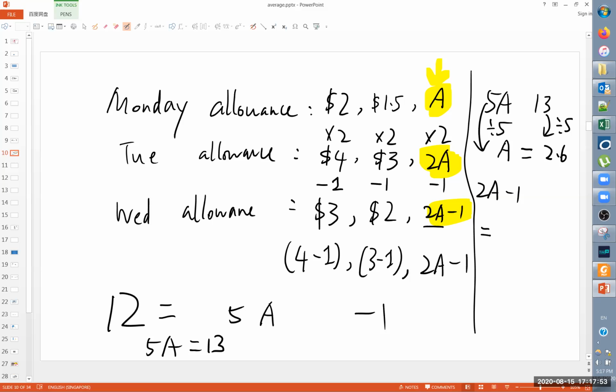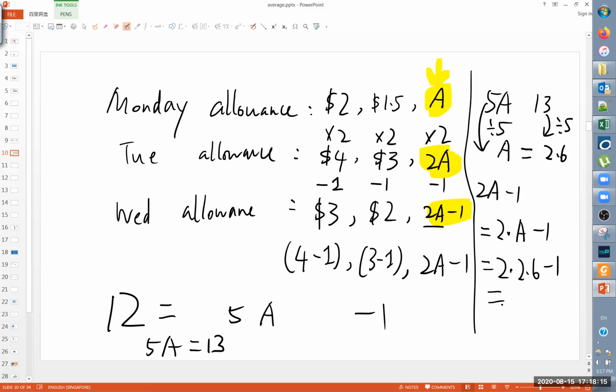2 times. So 2a is 2 times a. So that means 2 times a minus 1, right? So a is how much? 2.6. So I just key in minus 1. So what do I get?